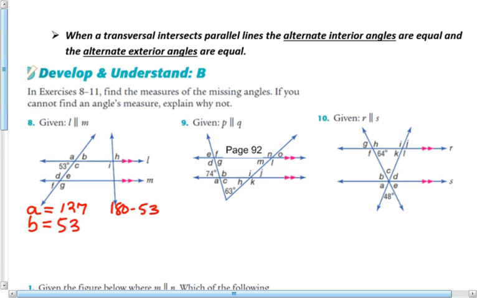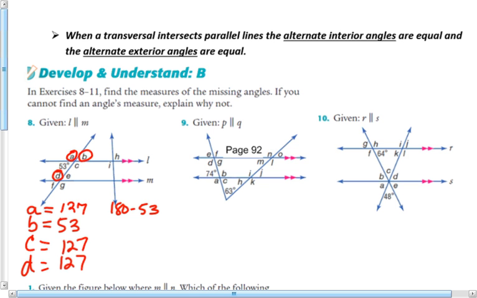So we can label C as 127 also. And D, remember we found that when you have parallel lines cut by a transversal, angles like that are the same. Those are corresponding angles. So A and D are the same. So D will also be 127.